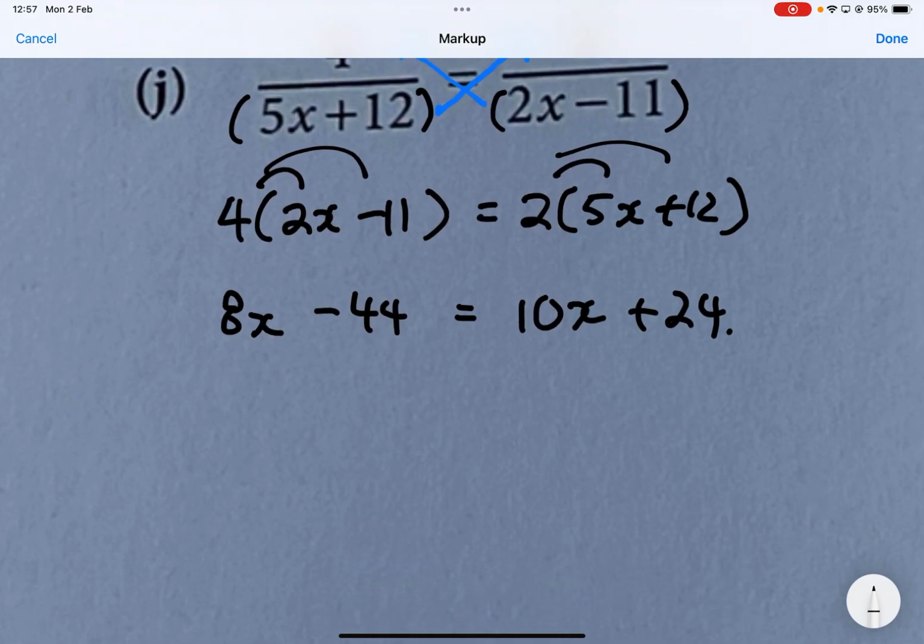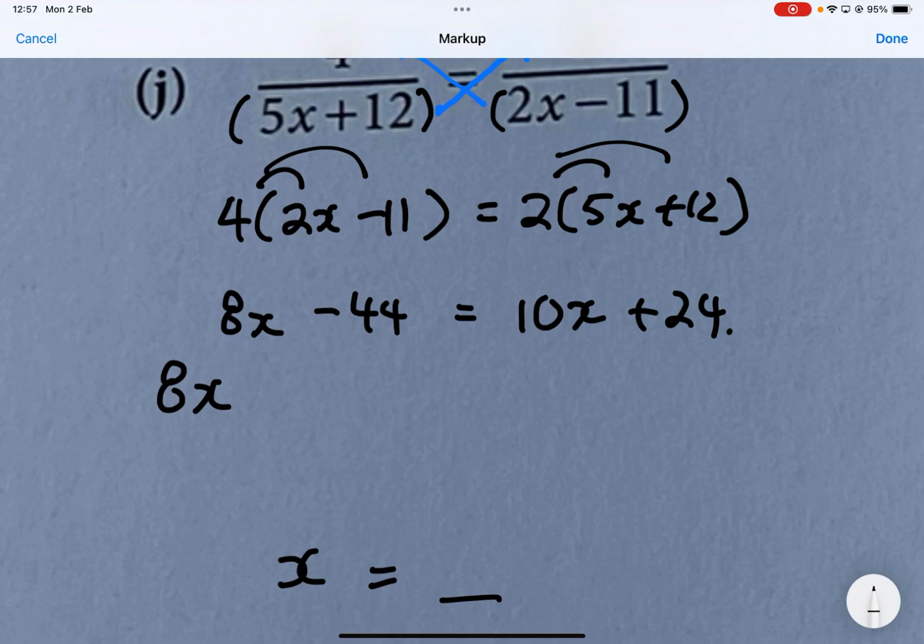My final line will be x equals to something. So from here to here, I will want to put all the terms with x on one side. That is the next thing you want to do. 8x is on the left, I don't touch it. So I want to move my 10x to the left also.